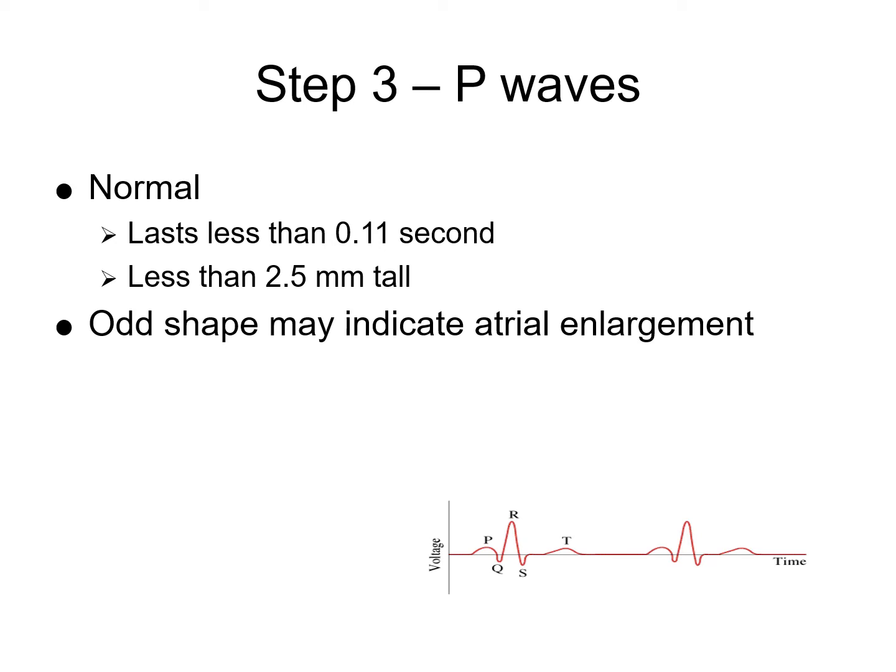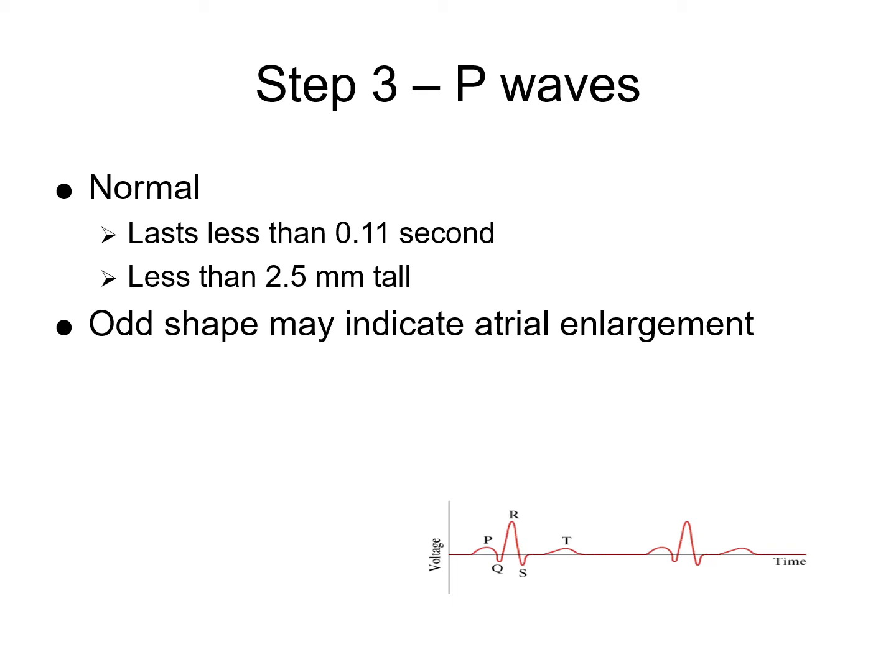Are the P waves smooth, round, and upright? If not, there may be something wrong with the atria, or the rhythm may not be generated from the SA node. It might be coming from the AV node instead. Again, if you view this PowerPoint in the format where you can see the speaker notes, these are all on there.